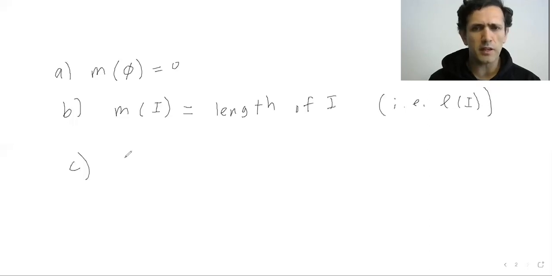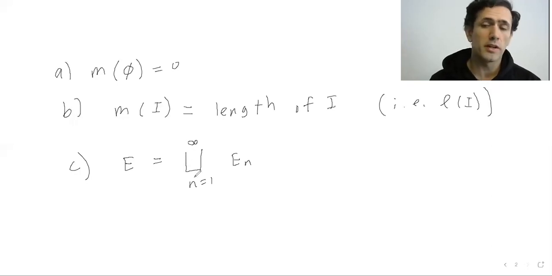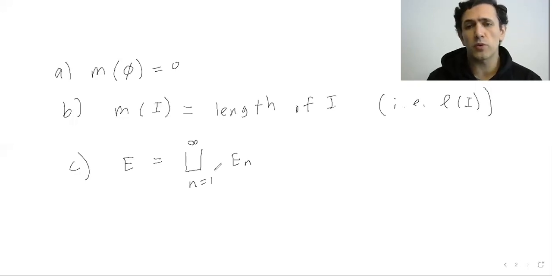And C, if we can write a subset of the real line E as the disjoint union of other subsets, and when I write this rectangular U here, that means disjoint union. We're going to take countable disjoint unions so often, it's just useful to have a brand new notation.